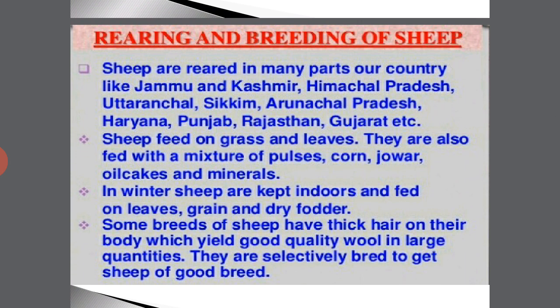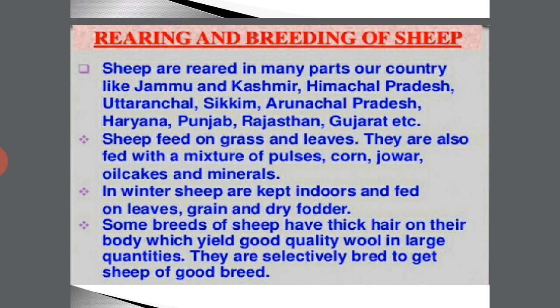Rearing and breeding of sheep. Sheep are reared in many parts of our country like Jammu and Kashmir, Himachal Pradesh, Uttaranchal, Sikkim, Arunachal Pradesh, Haryana, Punjab, Rajasthan, Gujarat and other states also. Sheep feed on grass and leaves. They are also fed a mixture of pulses, corn, jowar, oil cakes and minerals.